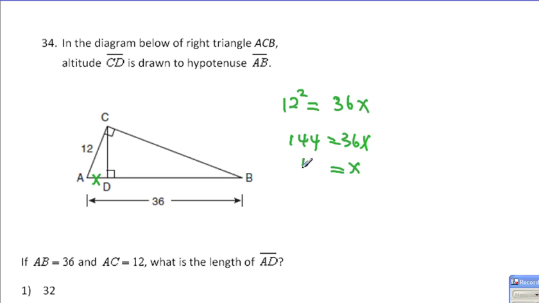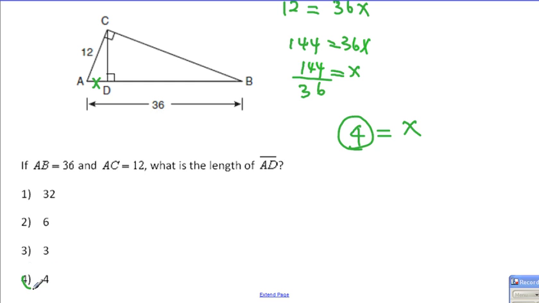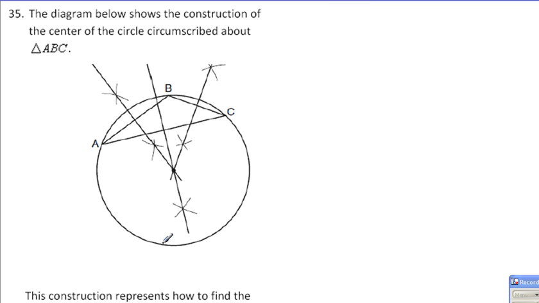X will be equal to 144 divided by 36. Then x must be equal to 4. That becomes our answer.